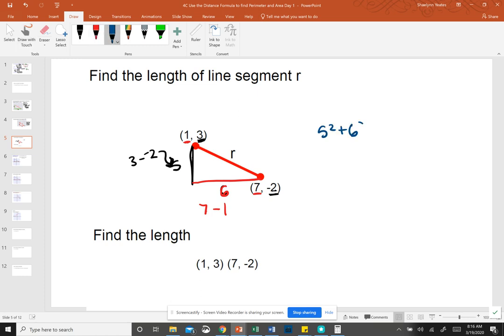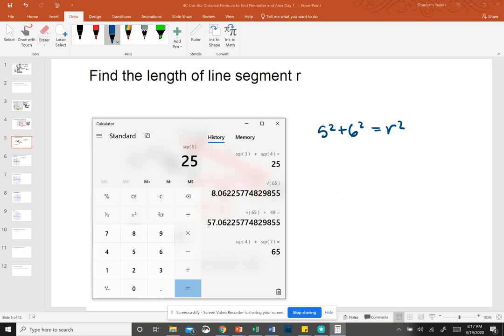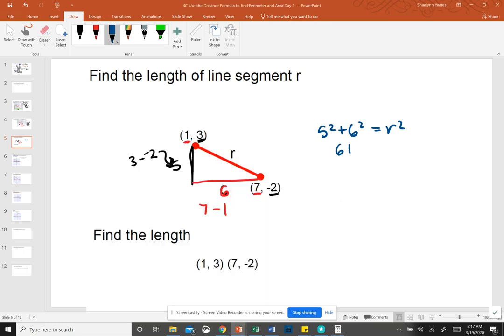5 squared plus 6 squared is going to equal r squared. So here's where I pull out my handy dandy calculator. I do 5 squared plus 6 squared, and I get 61 equals r squared. So I'm going to take the square root of both sides, and I get r equals the square root of 61.